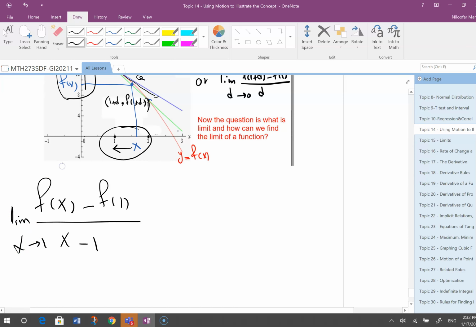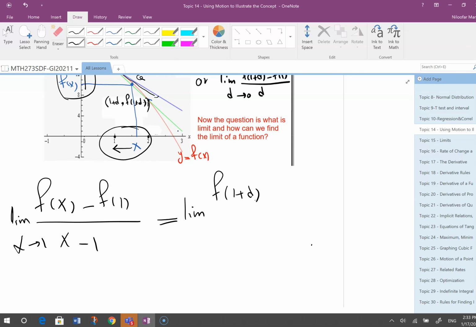When I find the answer here as a limit, this is the slope of the tangent line. That's why you need to know limit. Then you say, how about if some books show it this way? They say instead of f(x), I write f(1 plus d), where 1 plus d means a little bit close to 1.